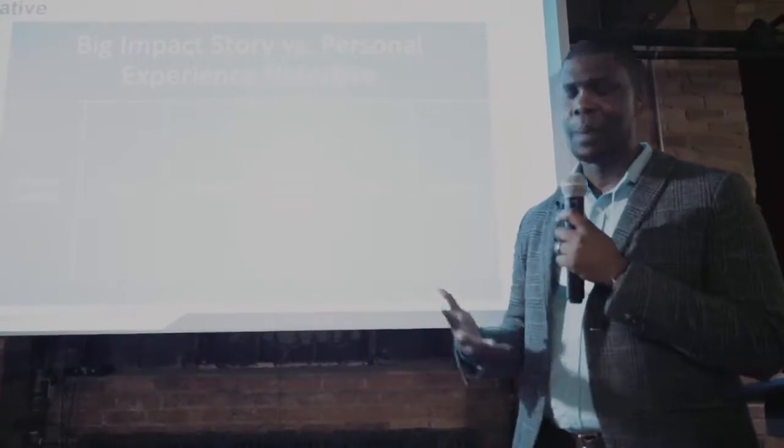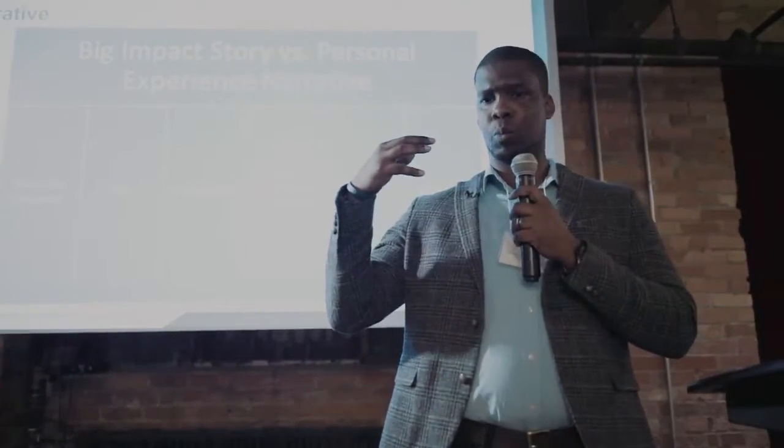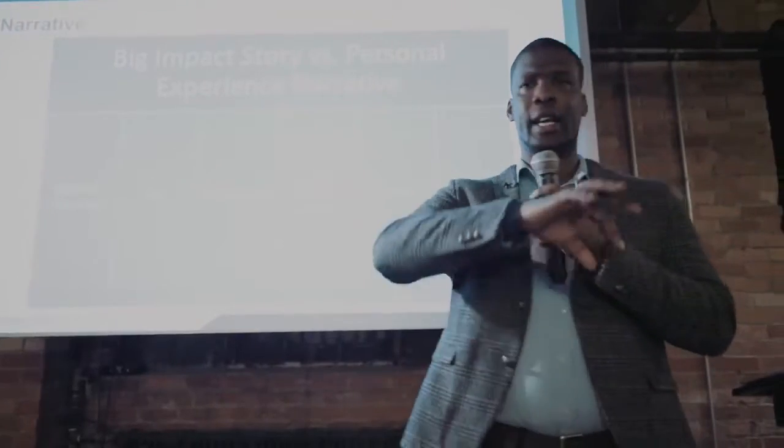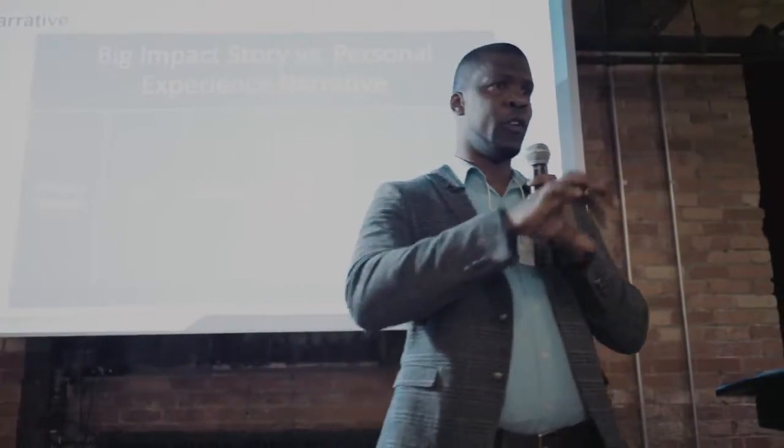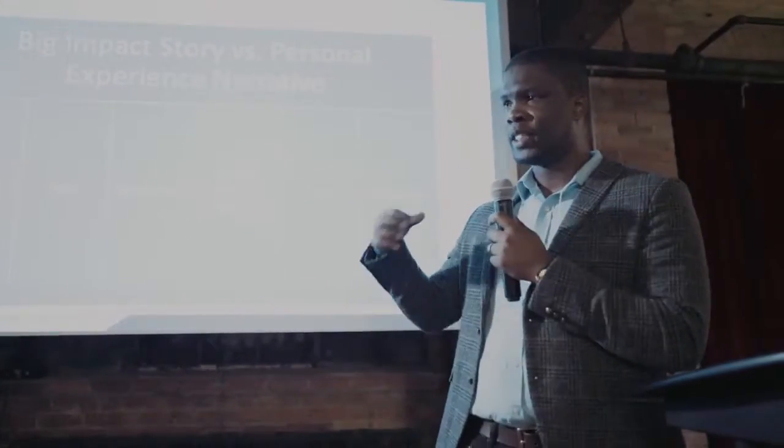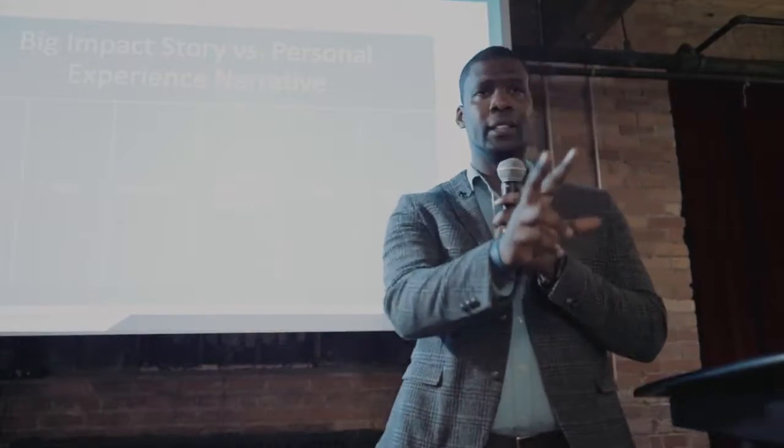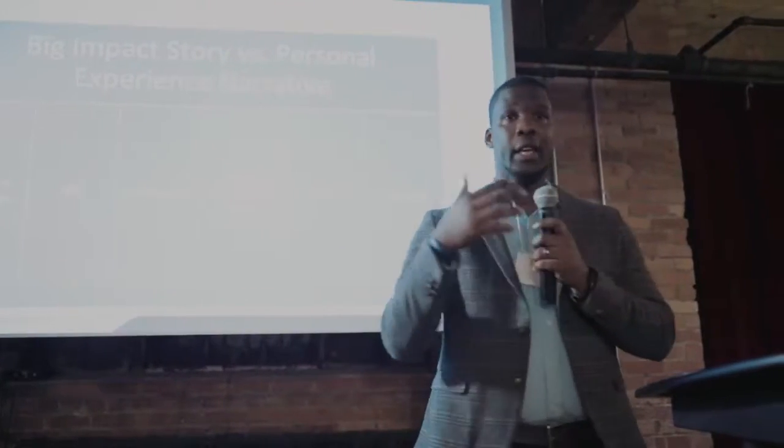All right. Now, big impact story. What's that? The big impact story tells a story of the organization, what's it doing, what's the cause that it's championing, and ties everything back to the overarching mission and vision of that organization. Whereas the personal experience narrative took a look at the personal experience of the people that were being benefited or that benefited from the organization.